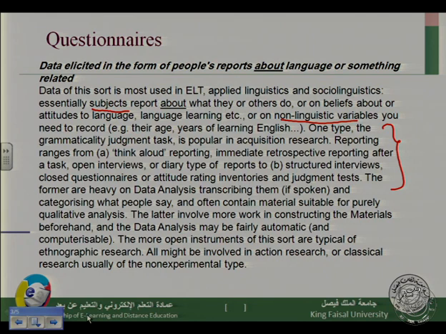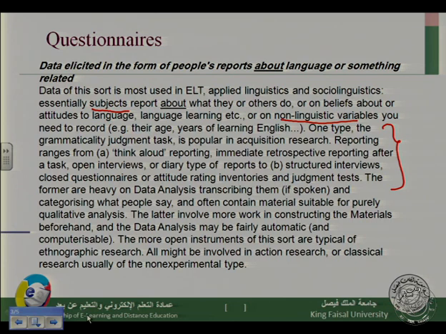Closed questionnaires, they need just to circle some answers, and that's it. There is another version of questionnaires, which is called the open questionnaire, where you ask your students or your participants to answer some information.